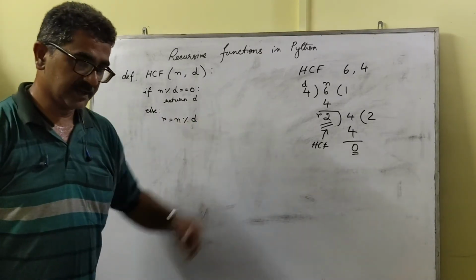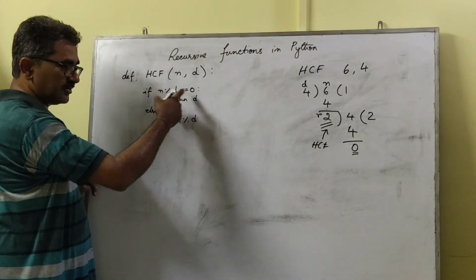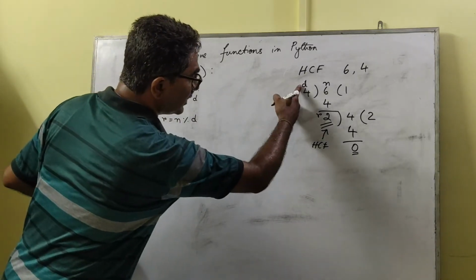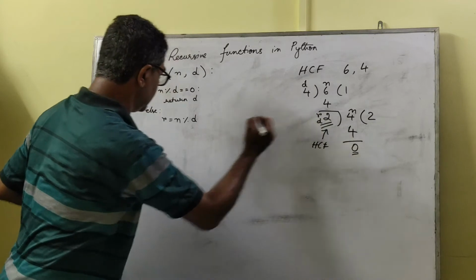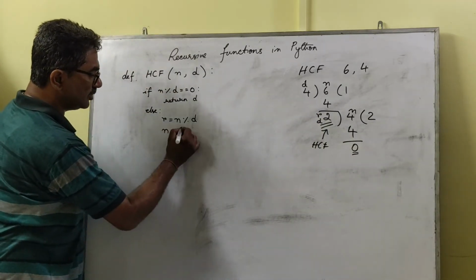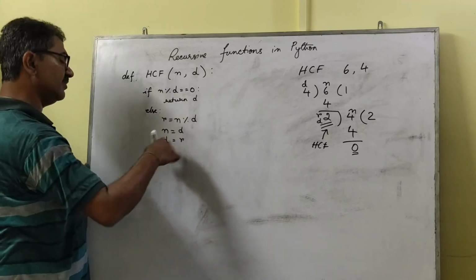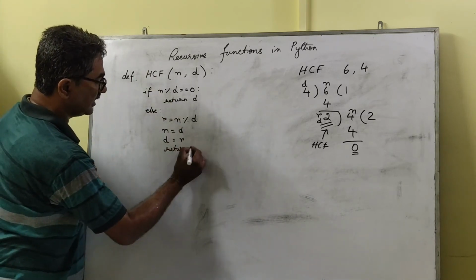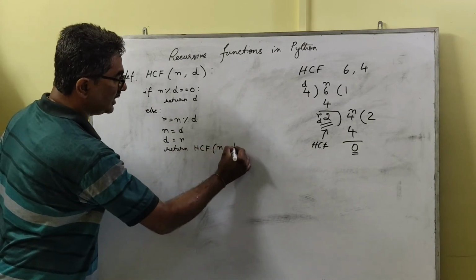And since it is not divisible, in this case it was divisible, and since it is not divisible, the previous denominator becomes the new numerator, and the remainder becomes the new denominator. So n equals d, and d equals r. And then we carry on with the process of recursion. So return HCF n comma d.